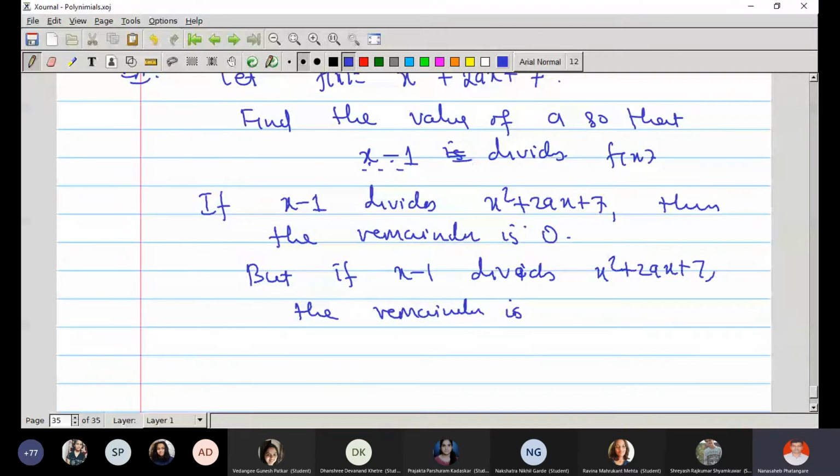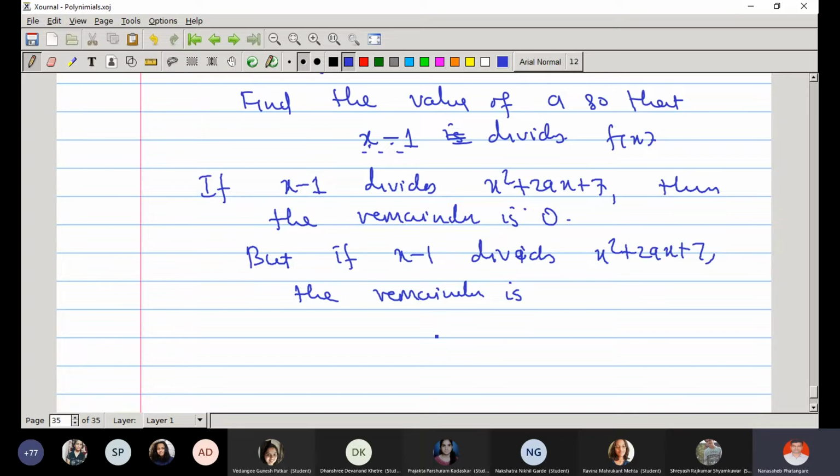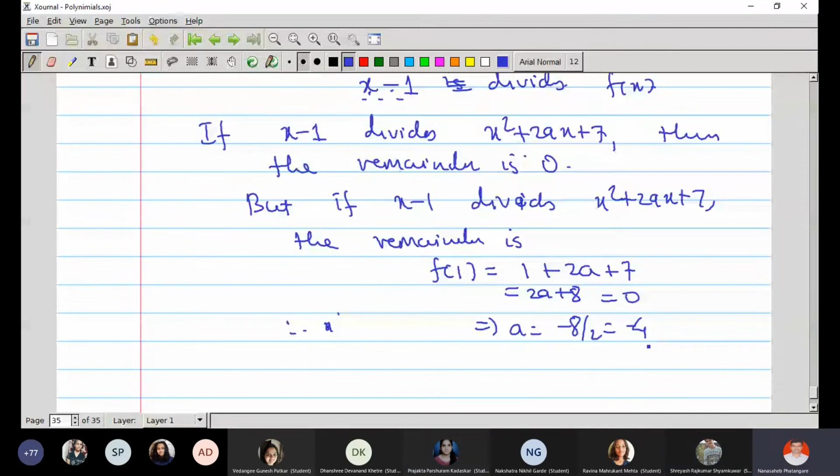And we know that when this polynomial divides this, remainder must be 0. Therefore 2a plus 8 is equal to 0. That means the value of a is minus 8 by 2, which is minus 4. Therefore the value of a is minus 4, so that this polynomial will divide this. And here we used remainder theorem.